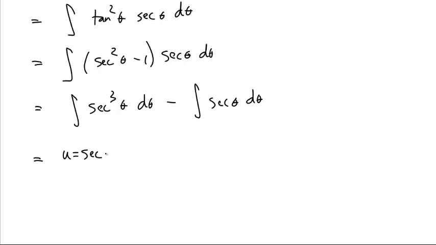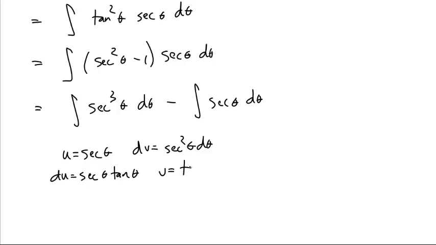u equals the secant of theta, dv equals secant squared of theta d theta, so that du is secant of theta, tangent of theta, and v is tangent of theta.